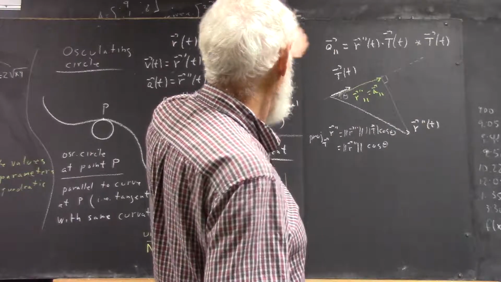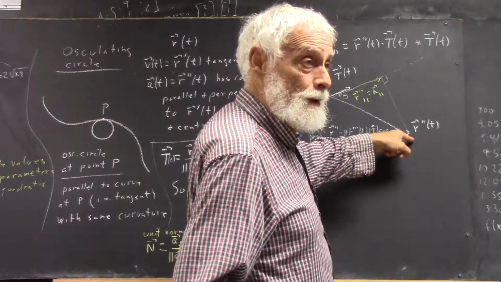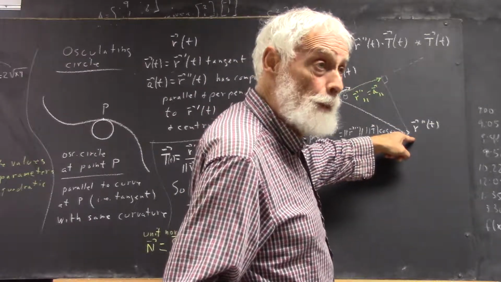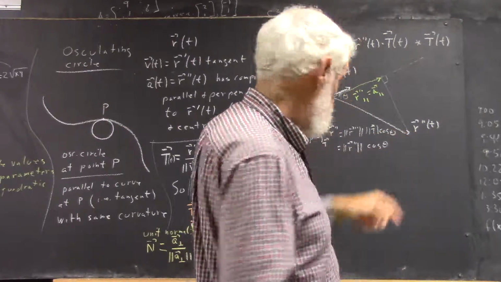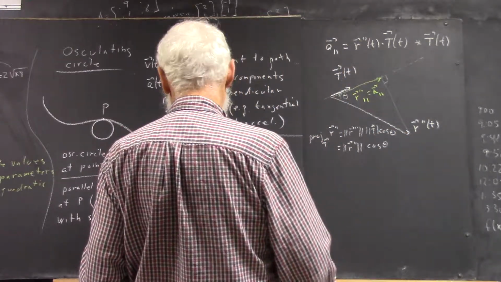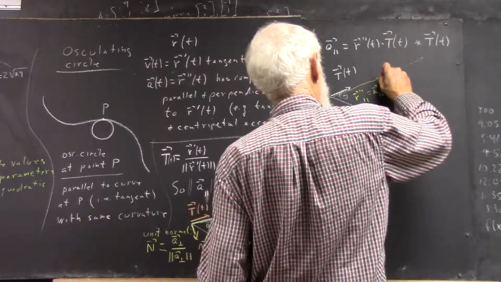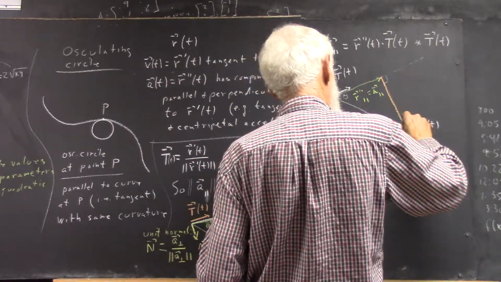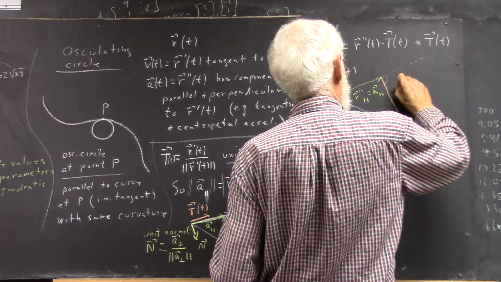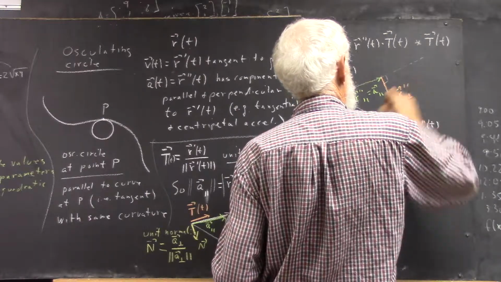Now, how do we get this vector? Because that vector is going to be your r double prime perpendicular, right? So, mixing up my color coding here. Here's your r double prime perpendicular, right?